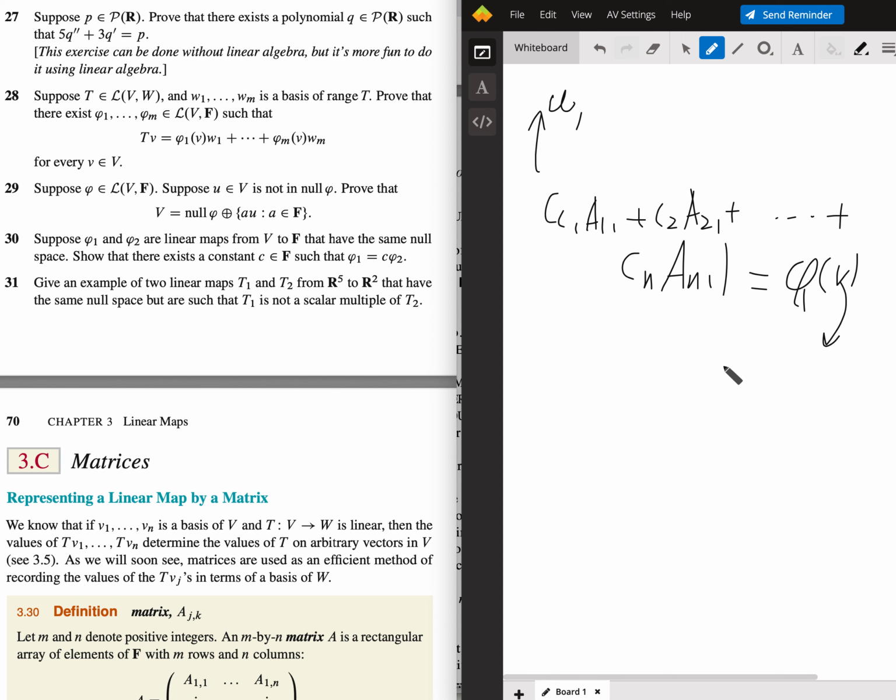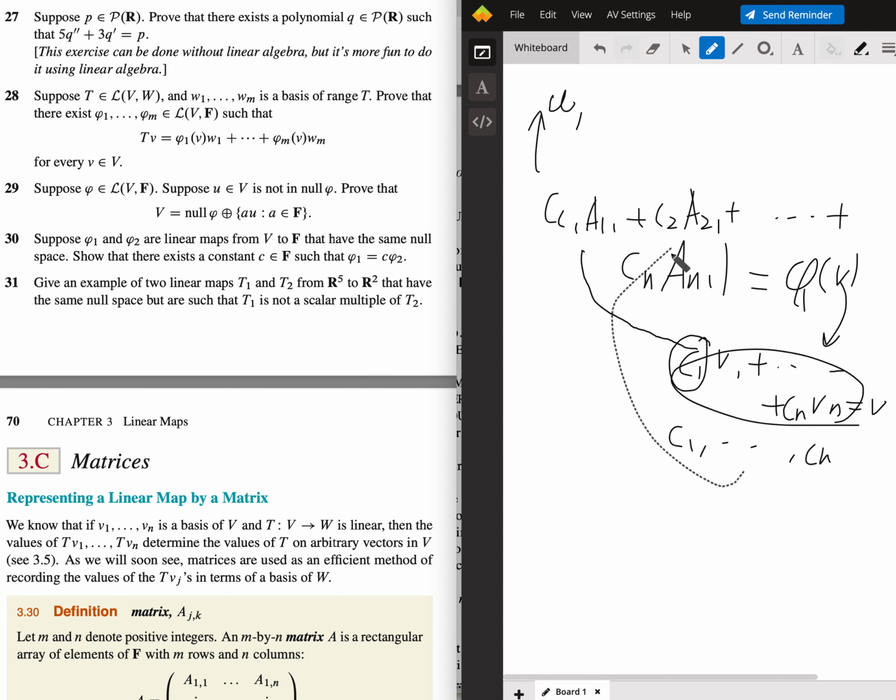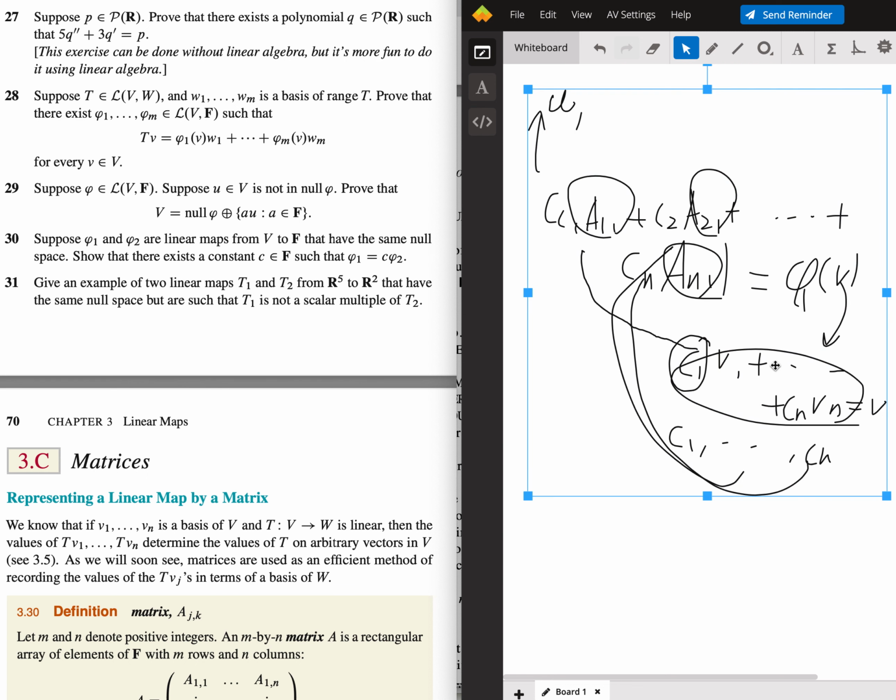Because you know that v can be expressed as a linear combination of the basis, so there must exist c1 through cn so that this is equal to v. Once that is true, you can put those c1 through cn in here. These are elements you already know. So this is then a way to fix such phis.